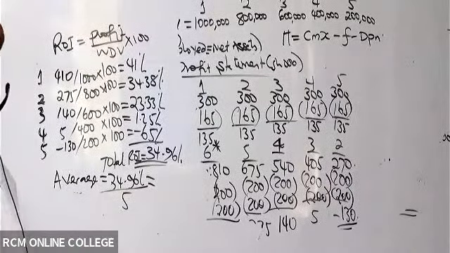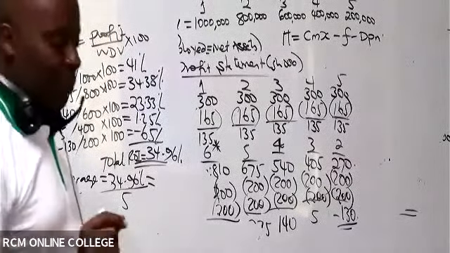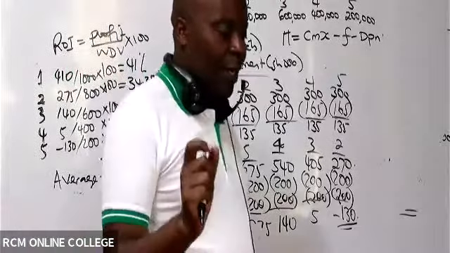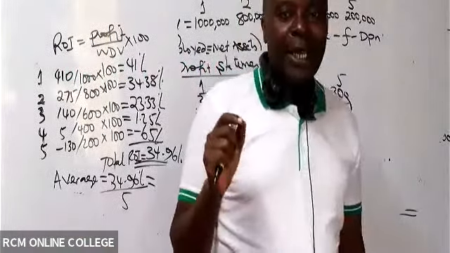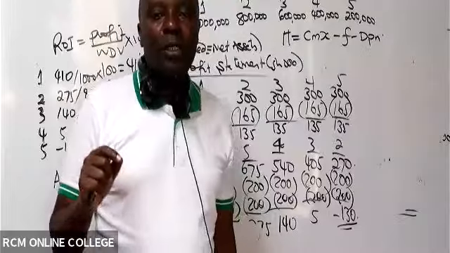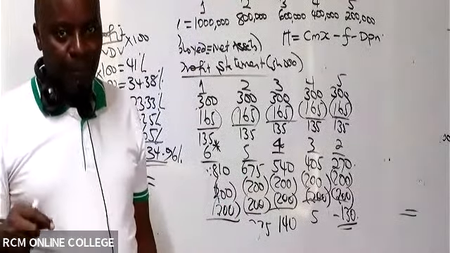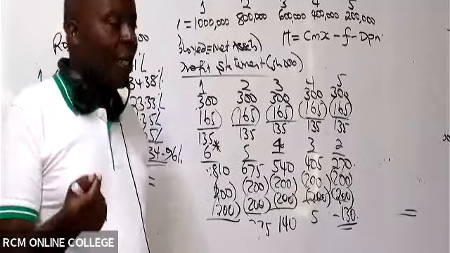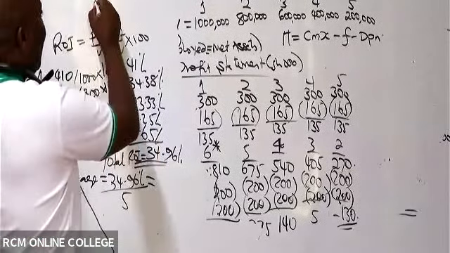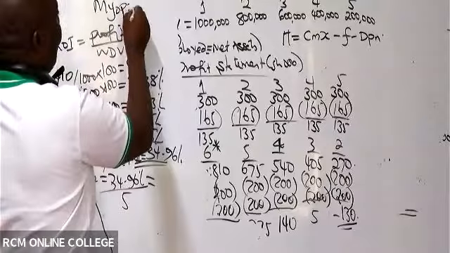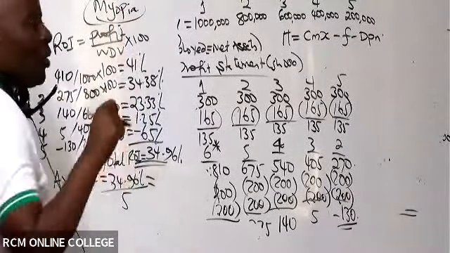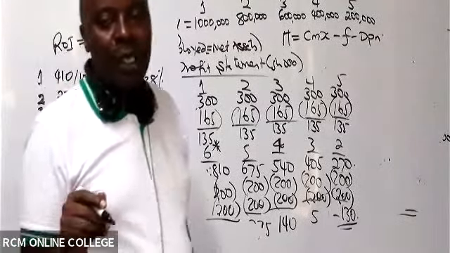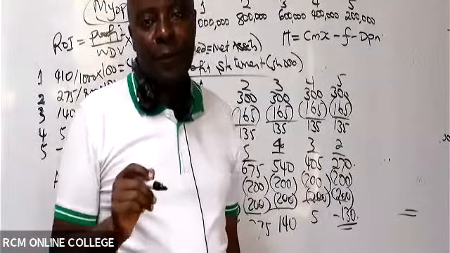So this ROI and residual income suffer from some disadvantages. The first disadvantage is that they encourage what we call short-termism, or myopia in management. Under myopia, managers will be thinking of short-term profits and objectives.